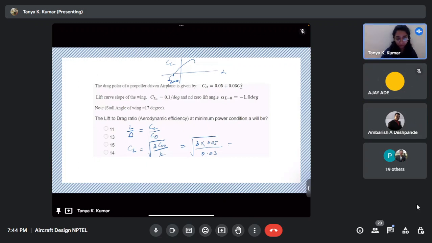Root 5. Can you tell me the value? 2.23. Okay. And what about CD? What is the equation for CD for the minimum power condition?